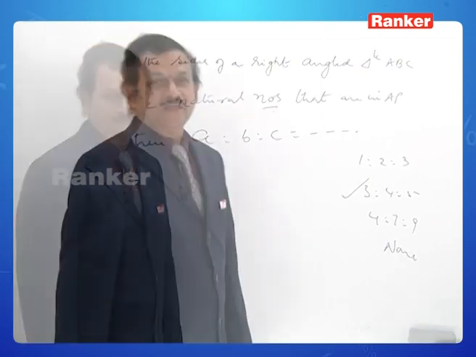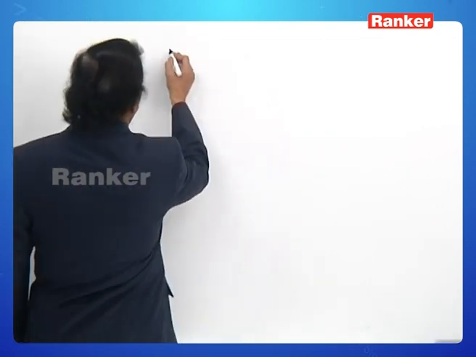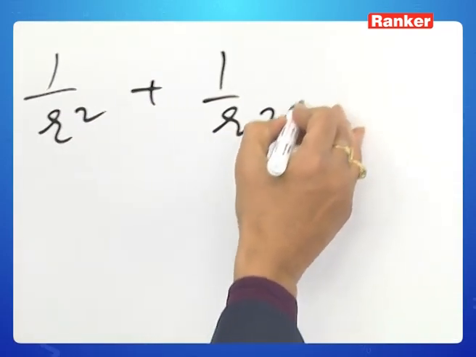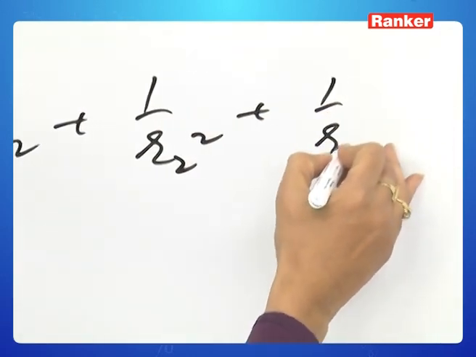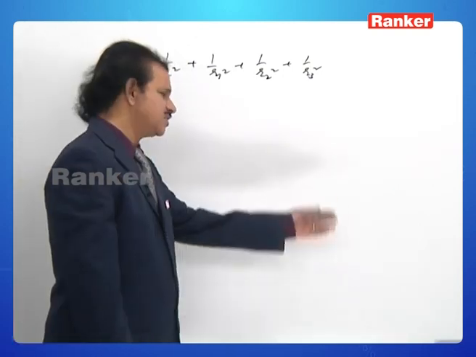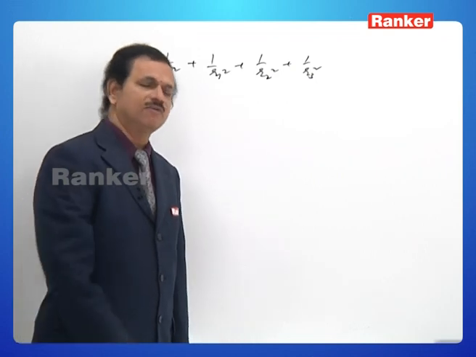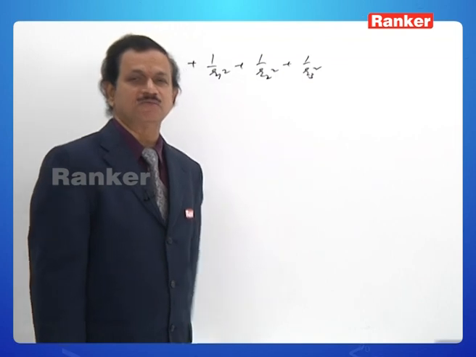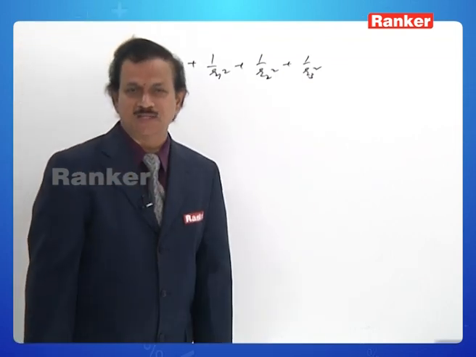The next question before us is, what is the value of 1 by r square plus 1 by r1 square plus 1 by r2 square plus 1 by r3 square in a triangle ABC? There are certain options: a square plus b square plus c square by delta, 4a square plus 4b square plus 4c square by delta, a square plus b square plus c square by 4 delta square, and some others.